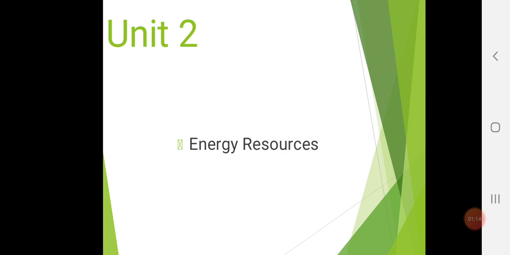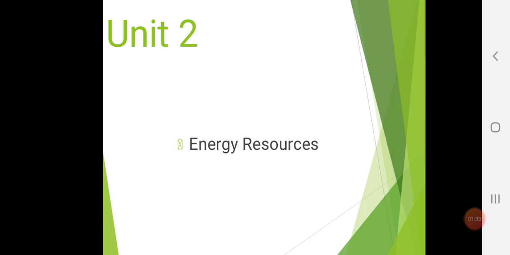Okay, so let's start again. It's Unit 2, energy resources. For the last few days we are learning this chapter, and we have learned natural resources, causes of depletion, and effects of depletion of these resources.